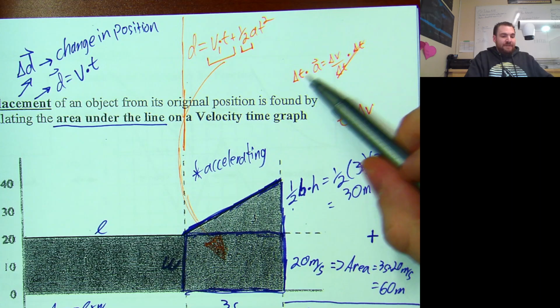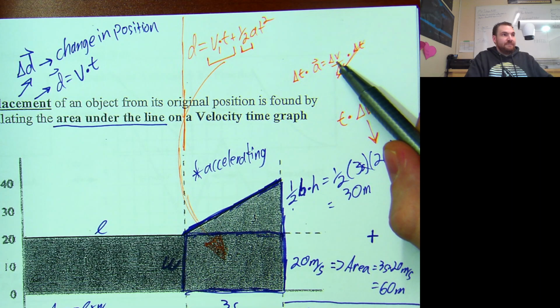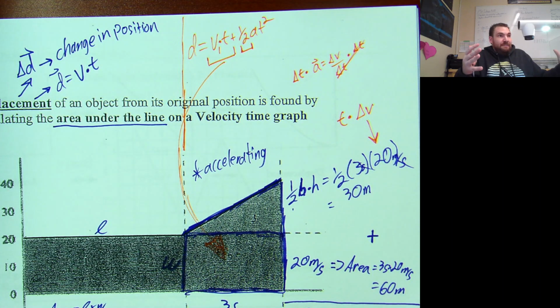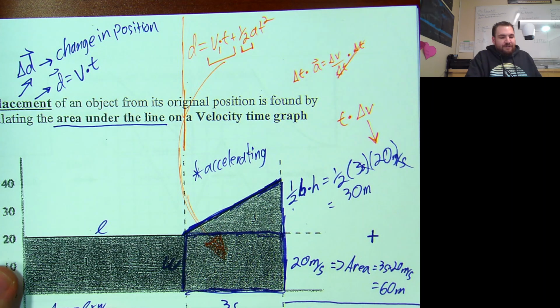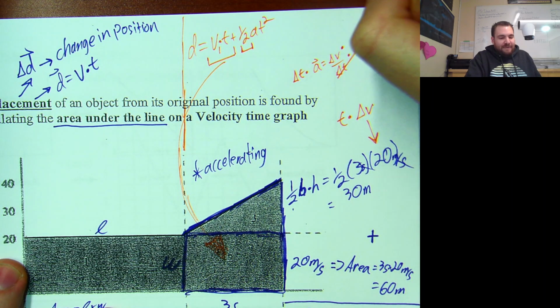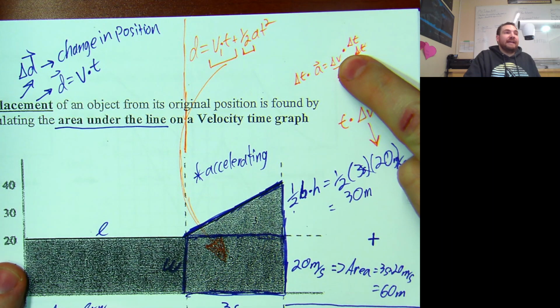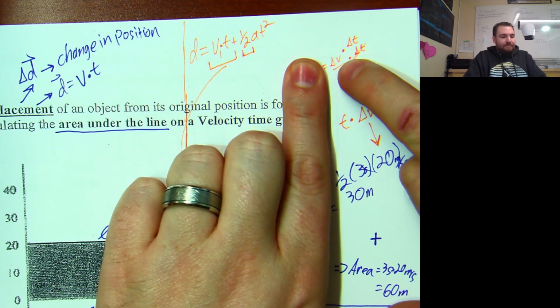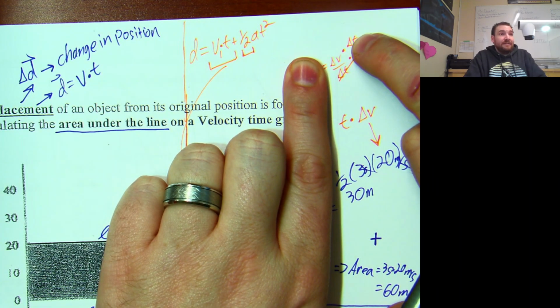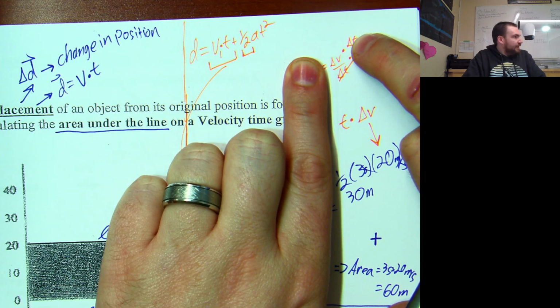Acceleration times time is equal to a change in velocity. If I'm accelerating for a length of time, I'm changing my speed. What happens if I do that again? I take my velocity and I multiply that by a length of time. What have I found? Velocity times time is? It's a displacement, yeah.